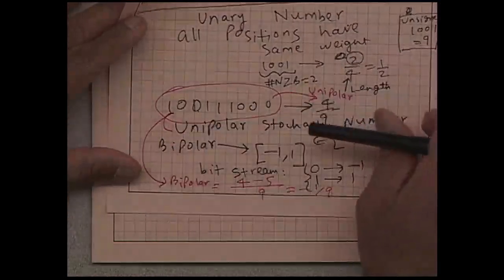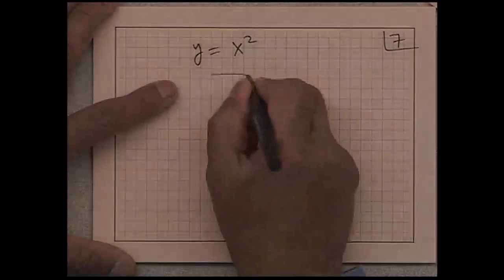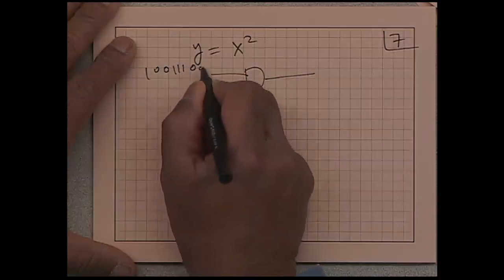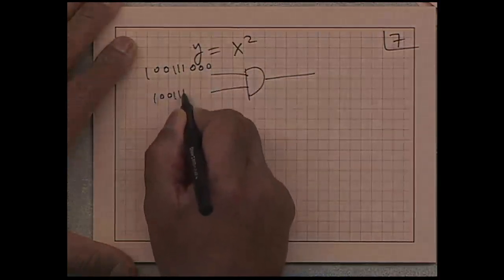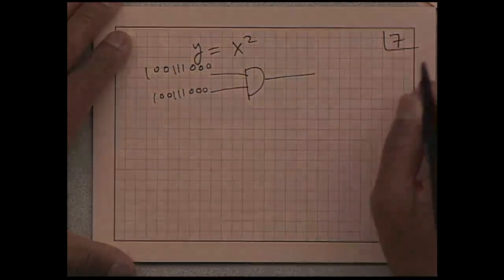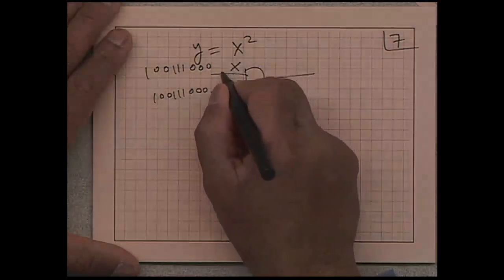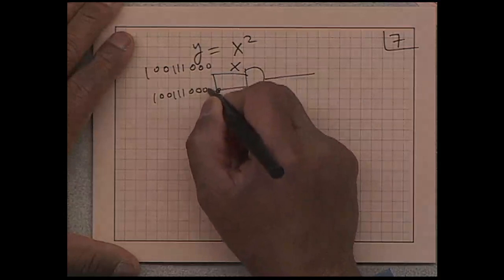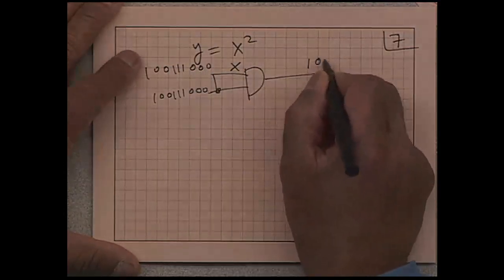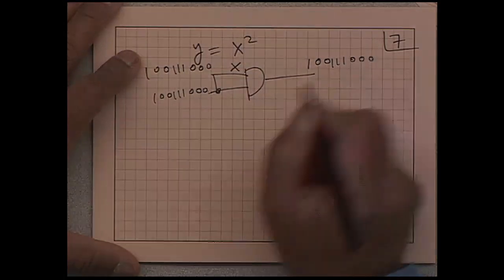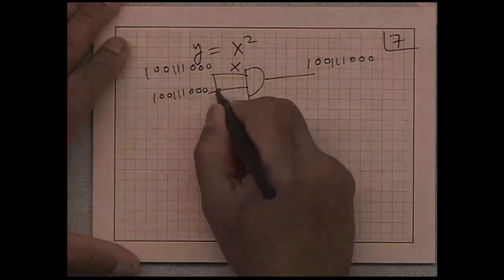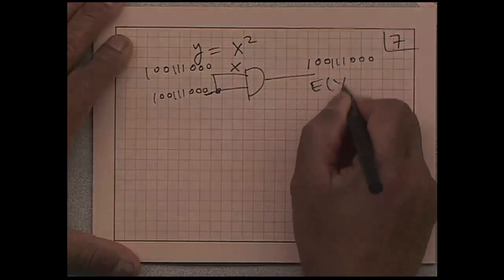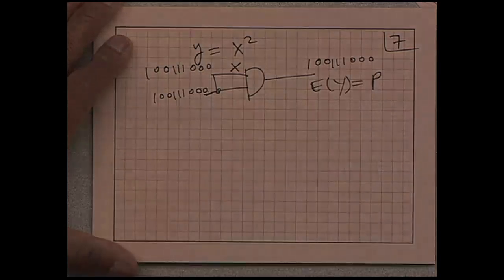So if I have the same example, and what happens if I feed this 1 0 0 1 1 1 0 0 0 1 0 0 1 1 1 0 0 0, and believe it or not, if this is the same x, same thing, and of 0 and 0 is 0, and of 1 and 1 is 1, so this is going to be the exact same thing. It is not going to compute. So in this AND gate, when both inputs are the same, x and x, expected value of y will exactly be the same as x.